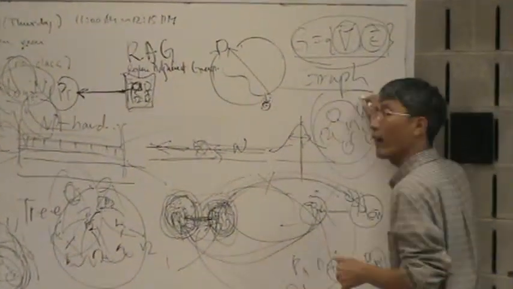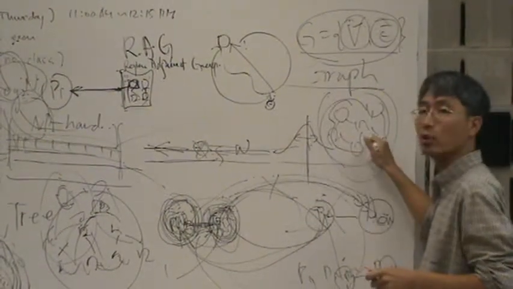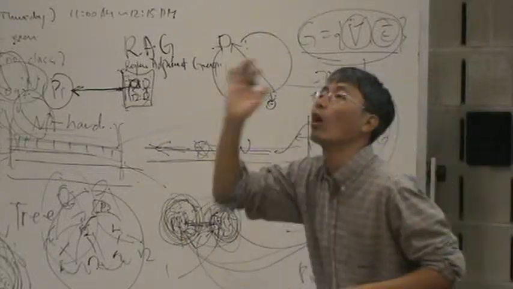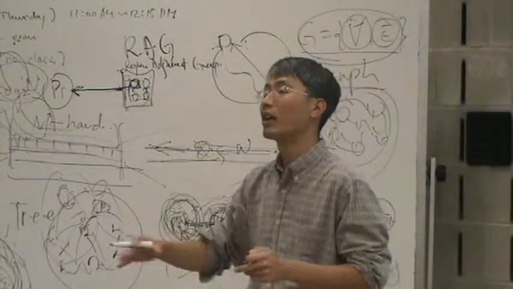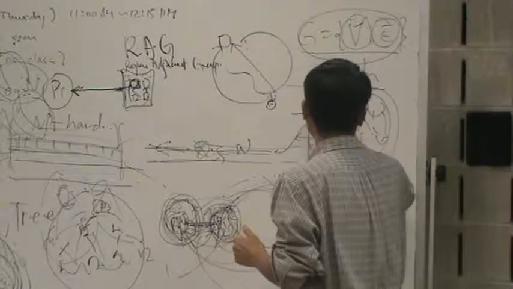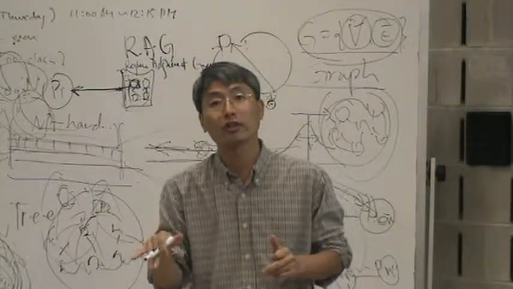So using this graph, if you can detect any deadlock situation, you are not going to allow it. That's the deadlock avoidance, which means the operating system does not enter a deadlock situation.